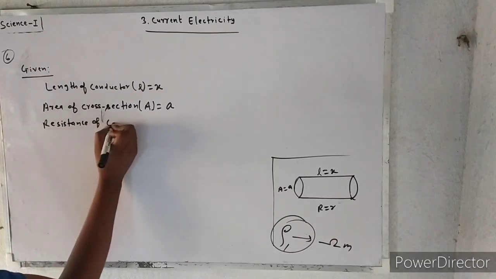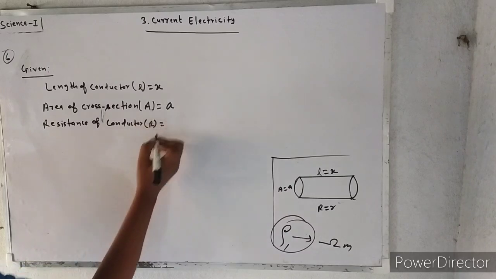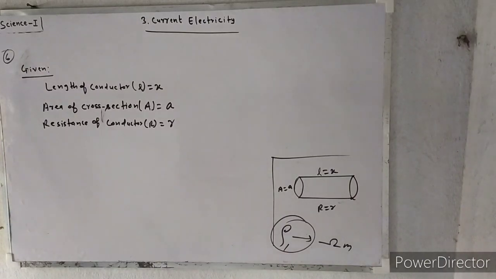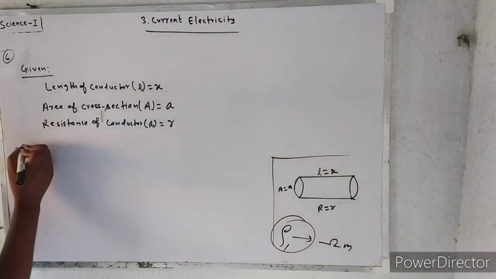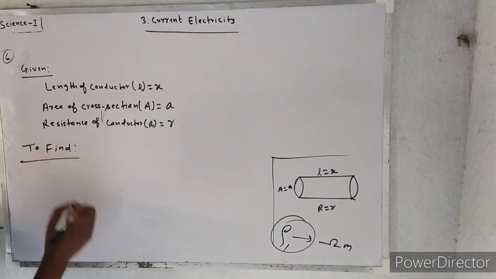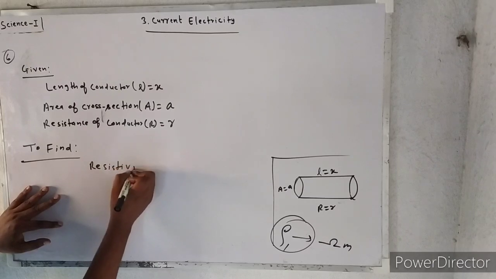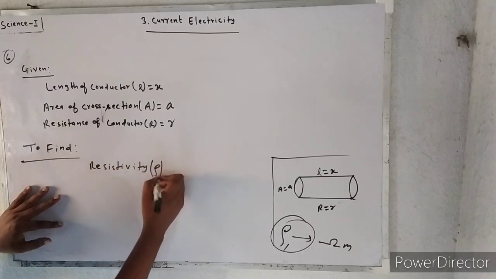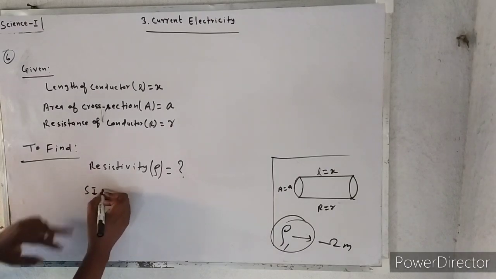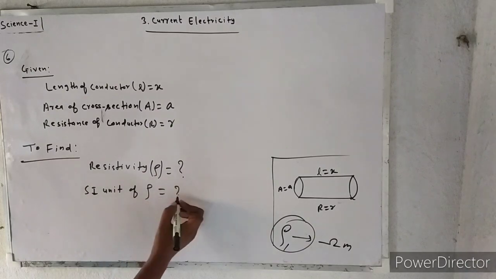To find: resistivity rho is equal to question mark, and SI unit of resistivity is equal to question mark.